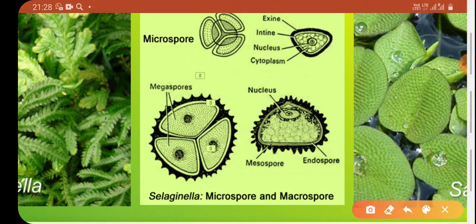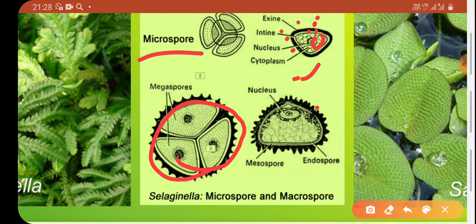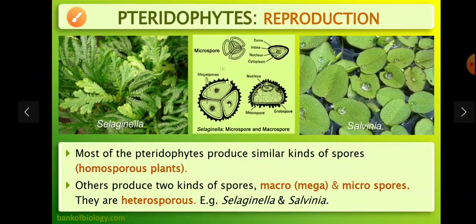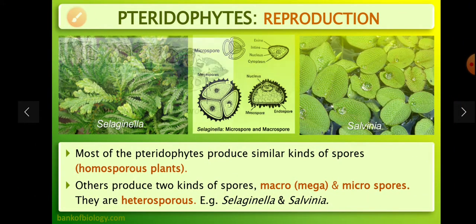Here is the microspore. This is the exine, intine, nucleus and cytoplasm. Exine is the outermost layer, intine is the second layer, with the nucleus in the middle and the cytoplasm. This is the megaspore.